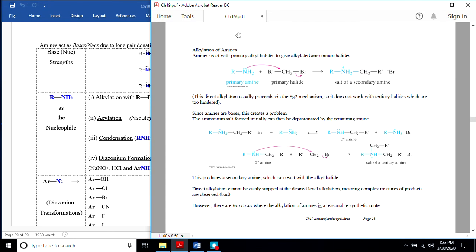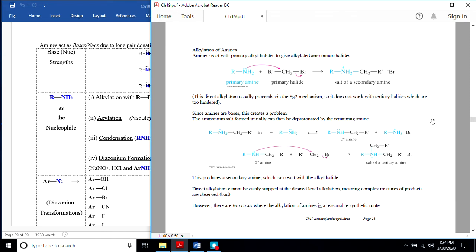The next reaction, which is reaction number 1 in our summary, is alkylation. So our nitrogen lone pair attacking a carbon displacing a leaving group. So when that substitution occurs, we have an ammonium salt that can get deprotonated by another equivalent of our amine, and in this case we've alkylated our amine, gone from a primary to a secondary amine.